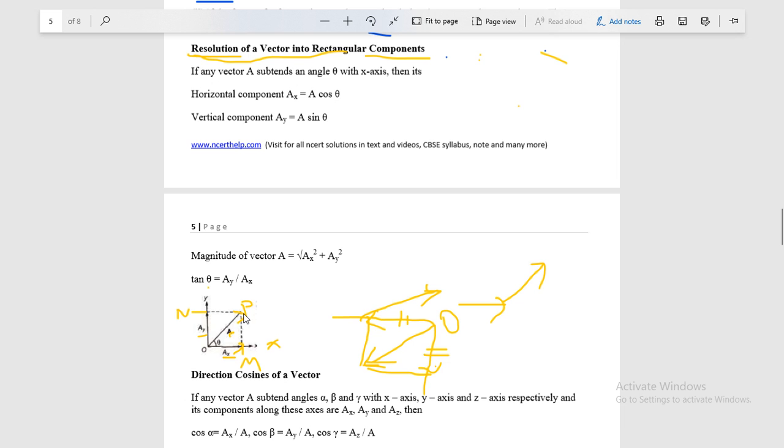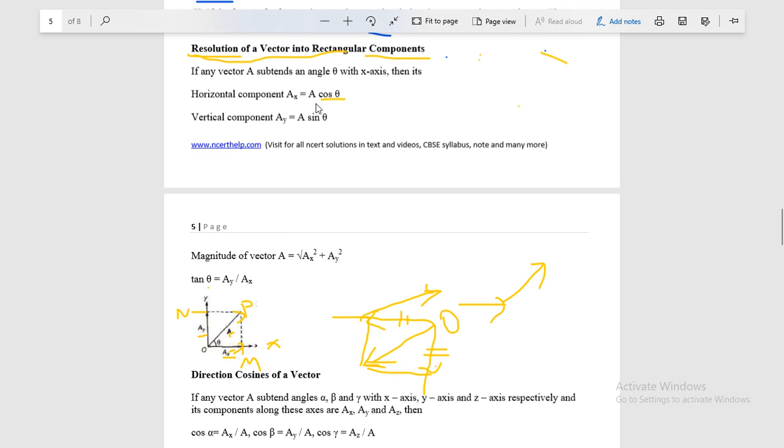From this right angle triangle you can find out the value of cos theta. Cos theta is equal to AX upon A, because for this angle AX is the base and A is the hypotenuse. So you can write AX is equal to A cos theta.